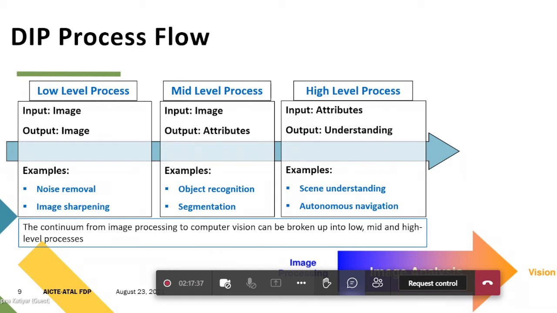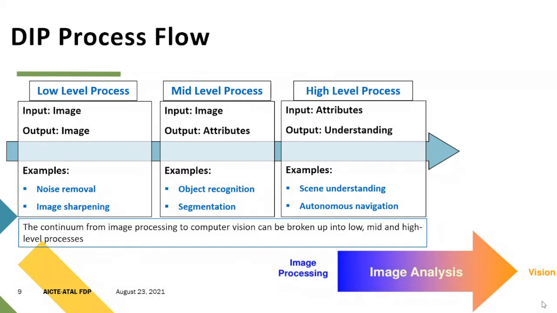You can also take an image of the sky and analyze behavior, location, and patterns of the stars, and autonomous navigation. You can see how DIP flows from low to high, and computer vision is nothing separate from DIP. The basic idea is that whatever you get has to be analyzed and understanding needs to be derived.